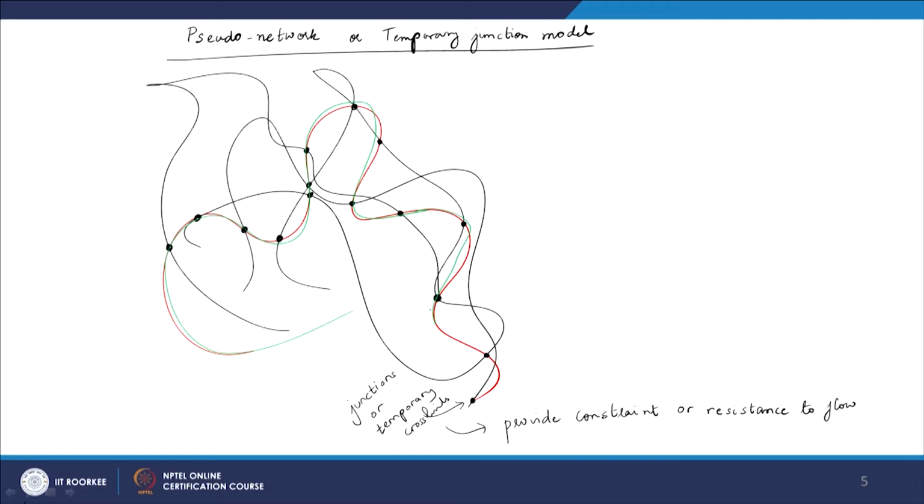So, let us say this is my new polymer chain and this was the earlier system that we had.